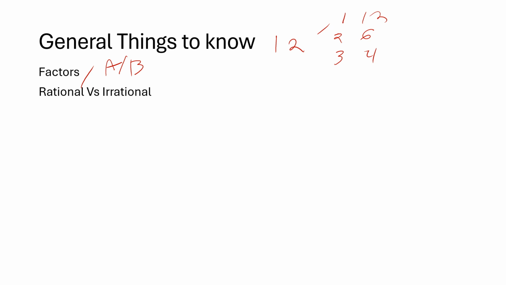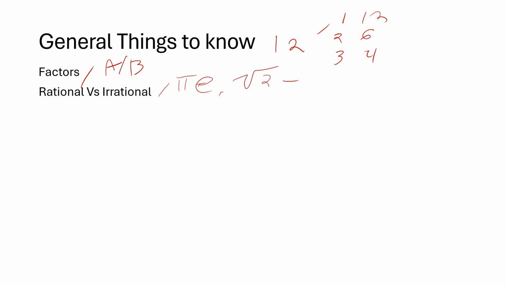Irrational numbers, think of them like non-ending decimals. Like pi, which we all know is 3.1415 and so on. Think of the letter e, which is 2.7 something, as well as the square root of 2.